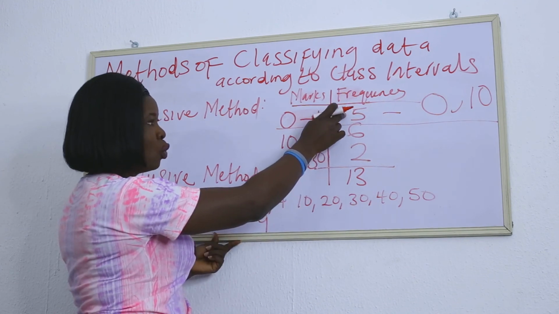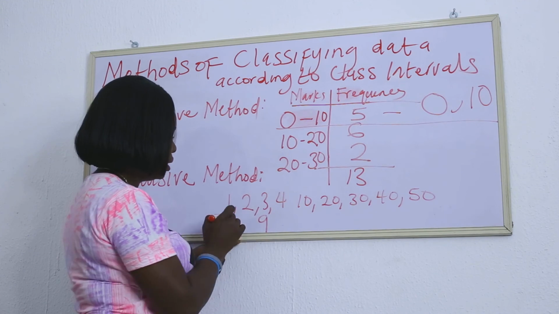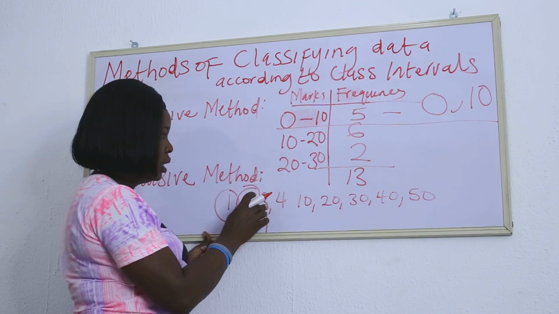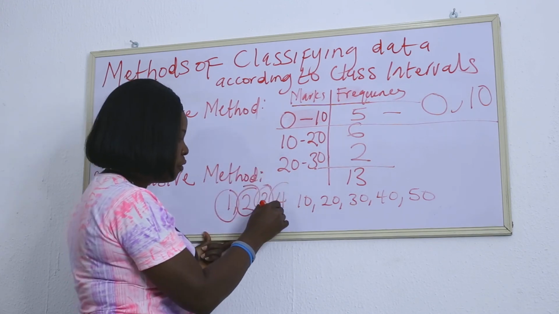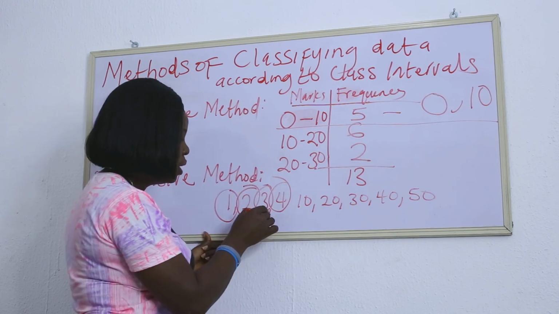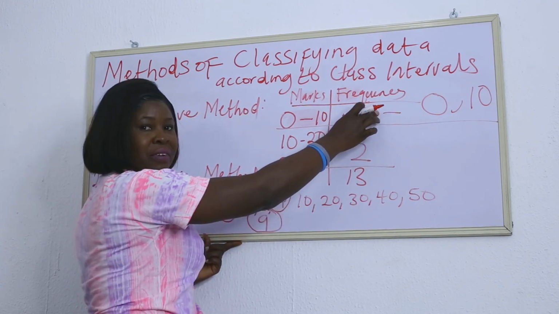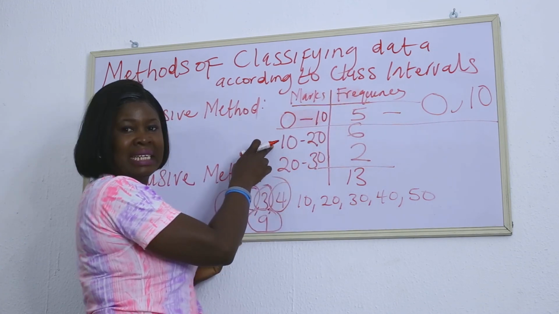How do we count? Between 0 and 10, let's see. This is the first value, between 0 and 10. This is the second value, making 2, between 0 and 10. This is the third value, making 3. This is the fourth value, making 4. This is the fifth value, making 5. 10 is not to be counted in this class. 10 will be counted in the next class.